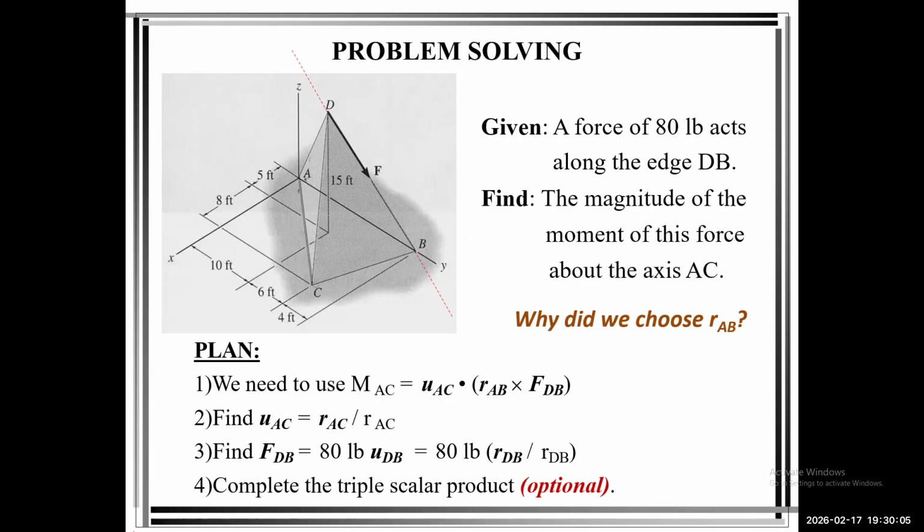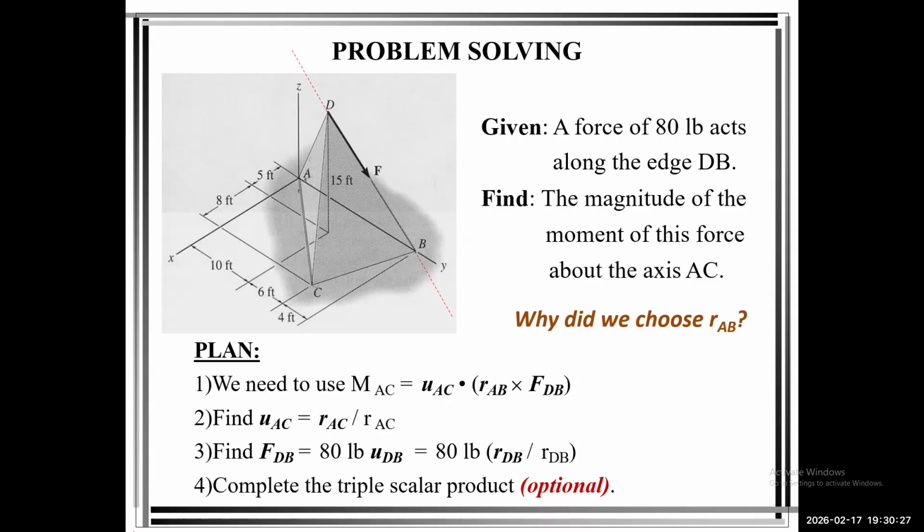Which axis did they say you want? They say the force of 80 pounds acting along the edge DB. The axis that you find about is AC. So it means you need to find the unit vector along AC. And you have enough information so you can find the unit vector.